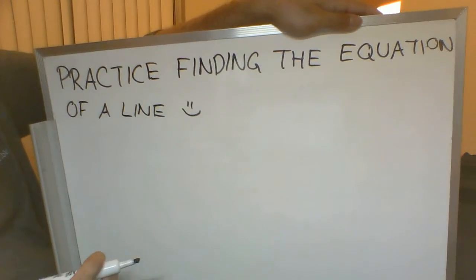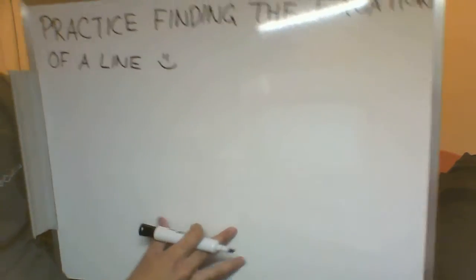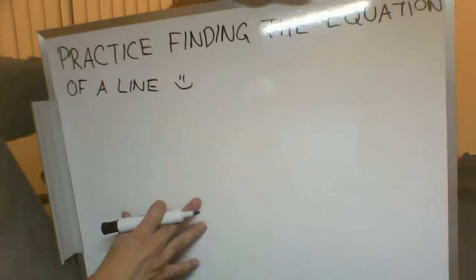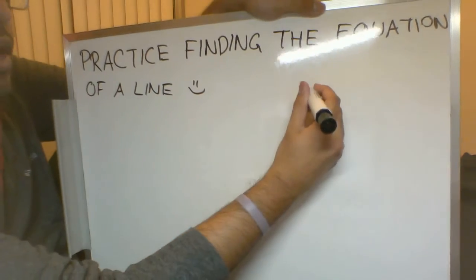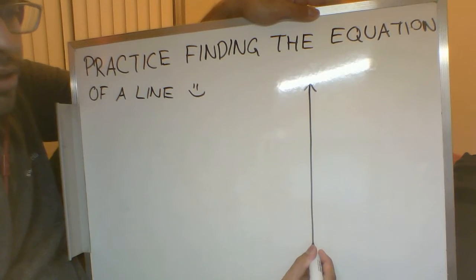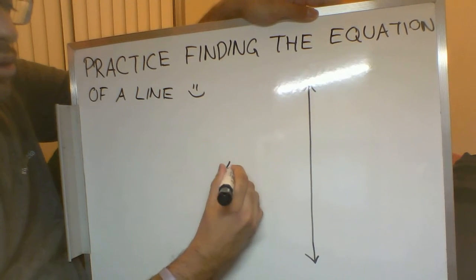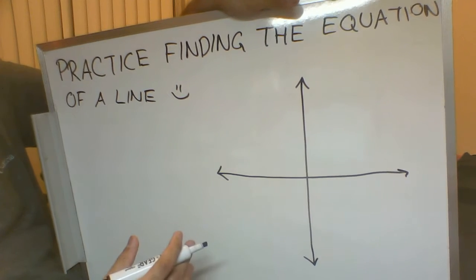All right, so what I'm going to do is the same way I did it in the last video. I'm going to draw the plot, and I'm going to put down a few points that I want you to plot. It won't be the same way on the homework assignment, because when I send the assignment to you guys, I'll just put the lines right on the graph for you.